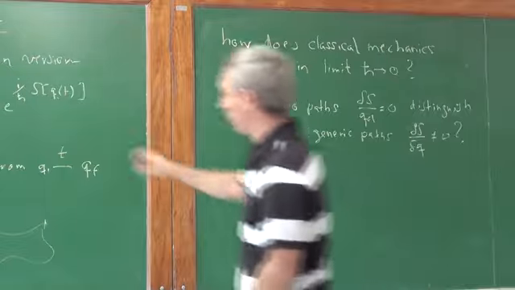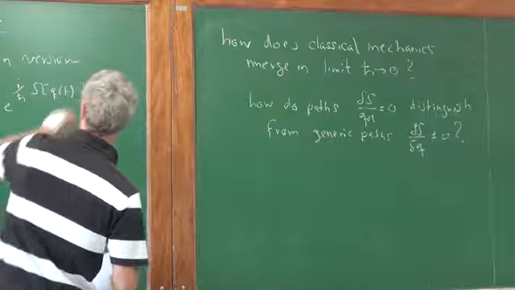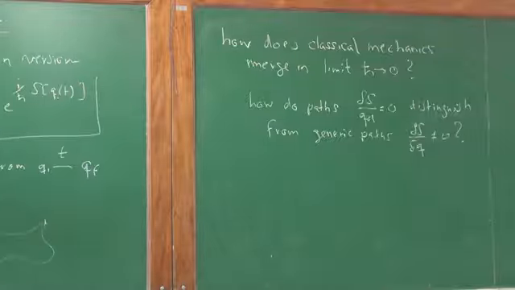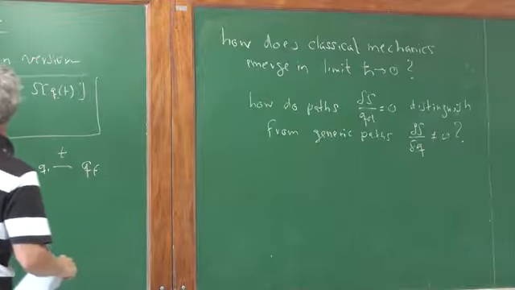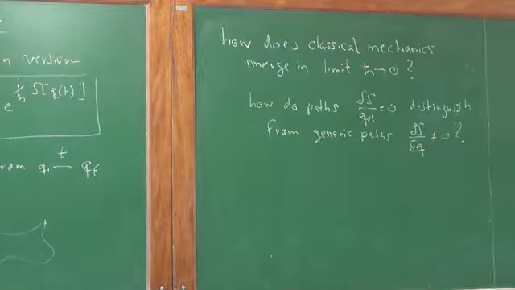If we look at our quantum mechanical propagator, we say we have to sum over all paths, and we weight every path with some weight.